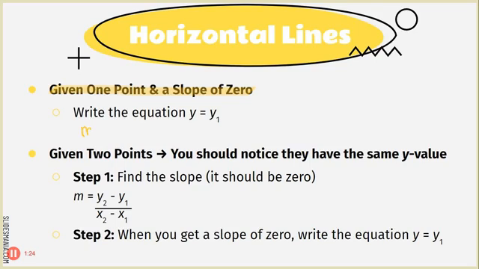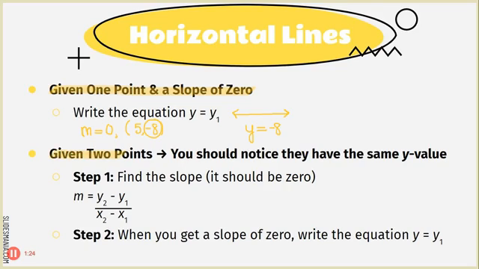If I give you a slope of 0 and the ordered pair 5, -8, because you have a slope of 0, that automatically means it's a horizontal line. Since it's a horizontal line, it's always y equals the y value of your ordered pair, so it would be y equals -8.